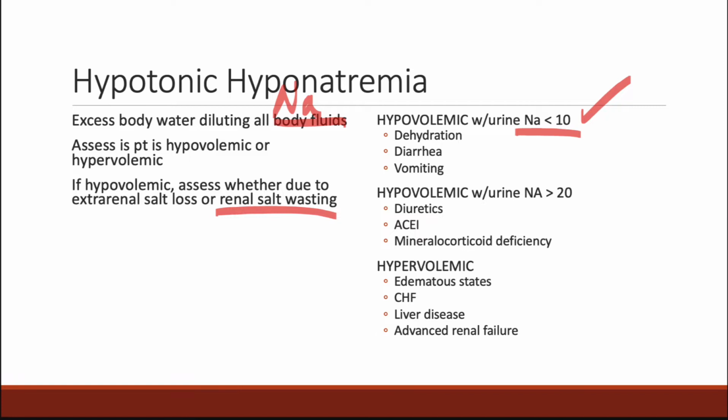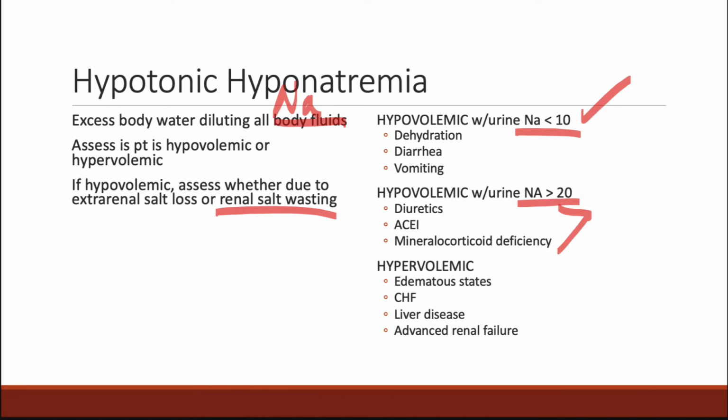When the urine sodium is too low, that's usually dehydration or diarrhea, vomiting. When the urine sodium is high, we see that with diuretics, ACE inhibitors, or mineralocorticoid deficiency. All right. So it's important, once again, to get that urine sodium as well.